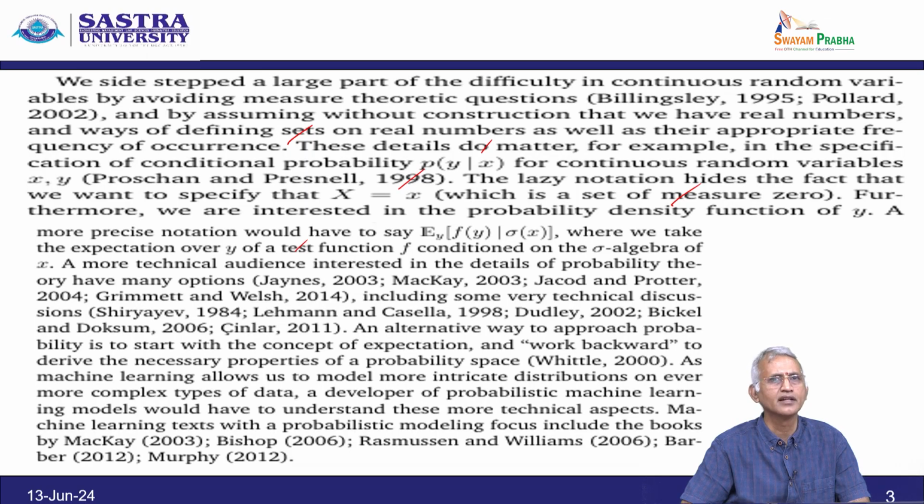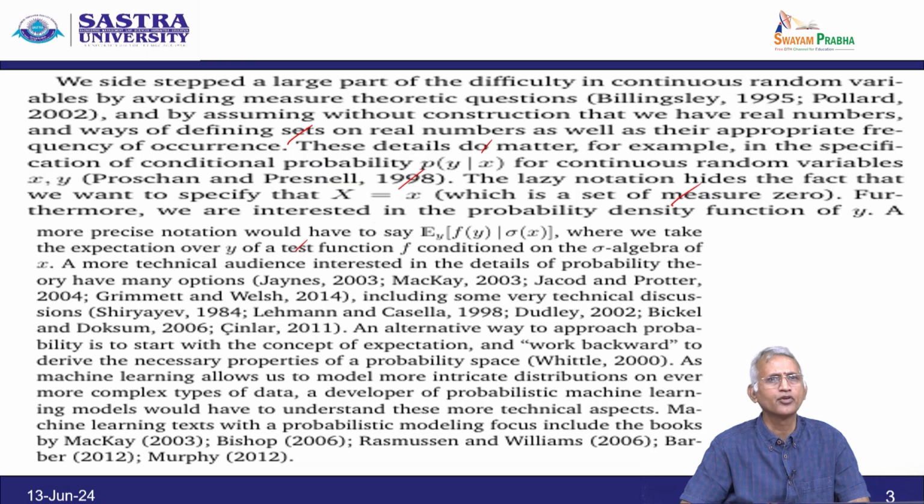A more technical audience interested in the details of probability theory has many options, like Jaynes, MacKay, Jacod and Protter, Grimmett and Welsh, including some very technical discussions by Shiryayev, Lehmann and Casella, Dudley, Bickel and Doksum, and Durrett. So, these are all the references you have to read.